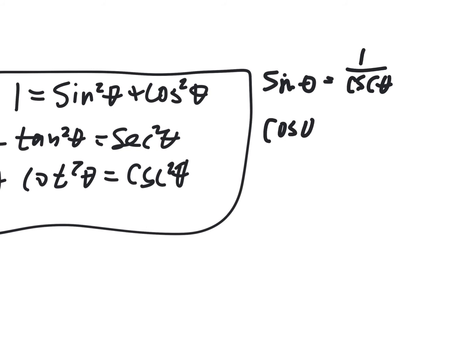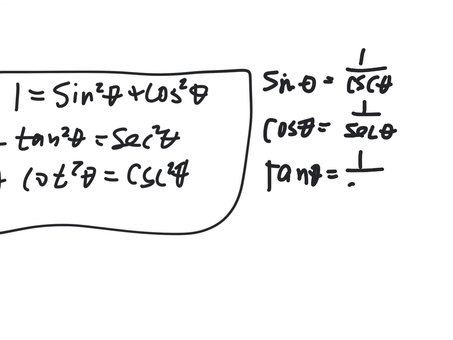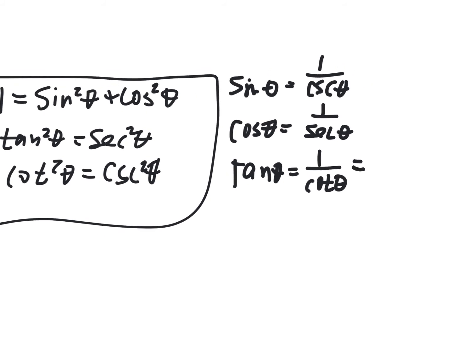Cosine, in your master list, we're almost done. Cosine's 1 over secant. And tangent is 2 things. It's 1 over cotangent, but it's also sine over cosine.